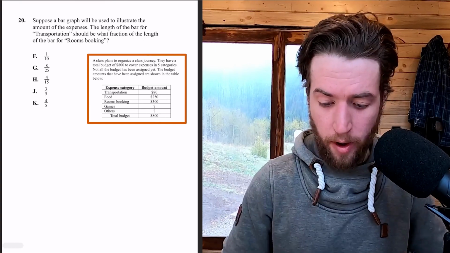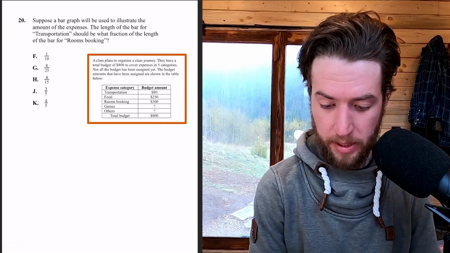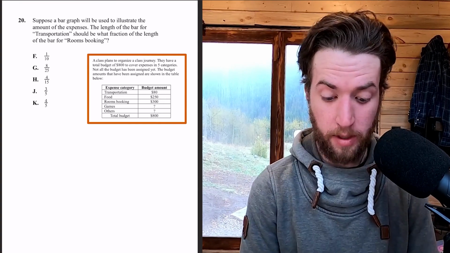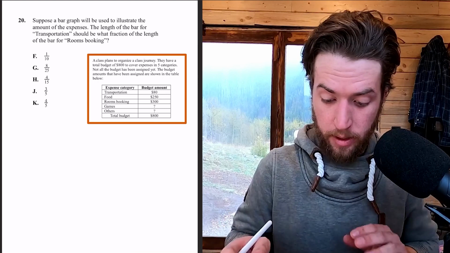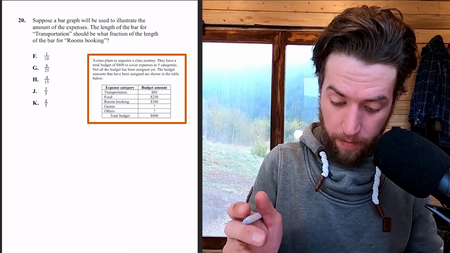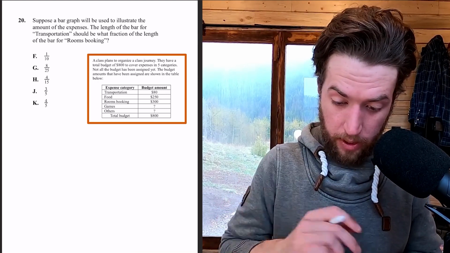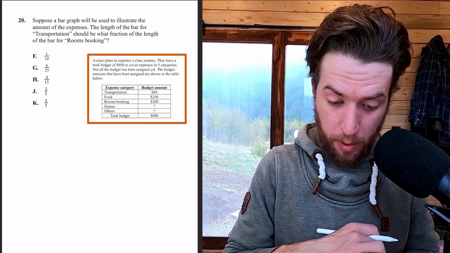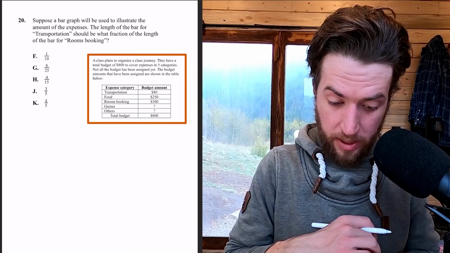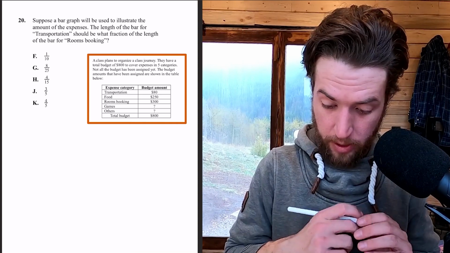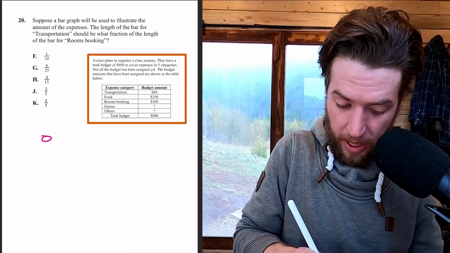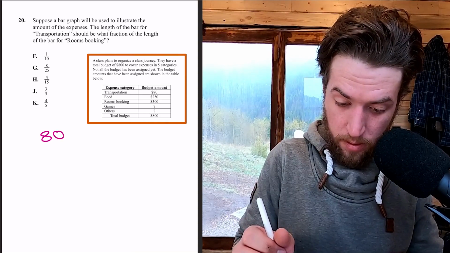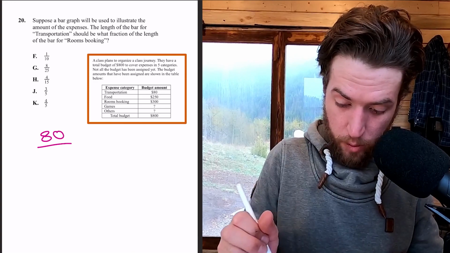All right, suppose a bar graph will be used to illustrate the amount of the expenses. The length of the bar for transportation should be what fraction of the length of the bar for rooms booking? Interesting. So transportation is 80 compared to rooms booking, which is 300.